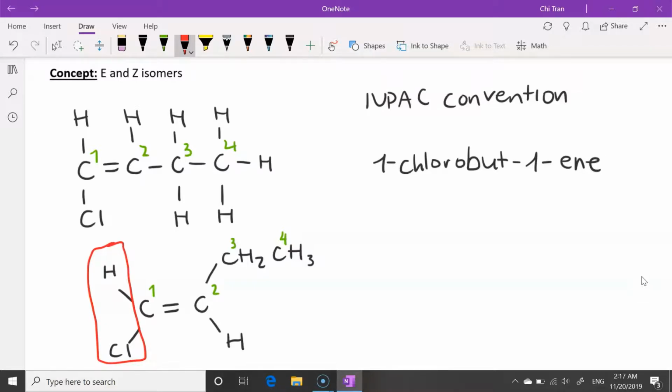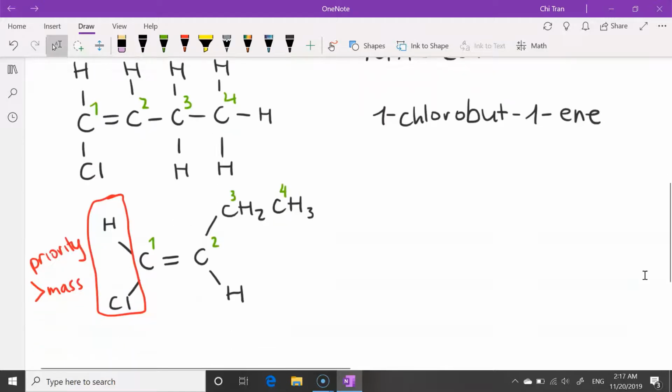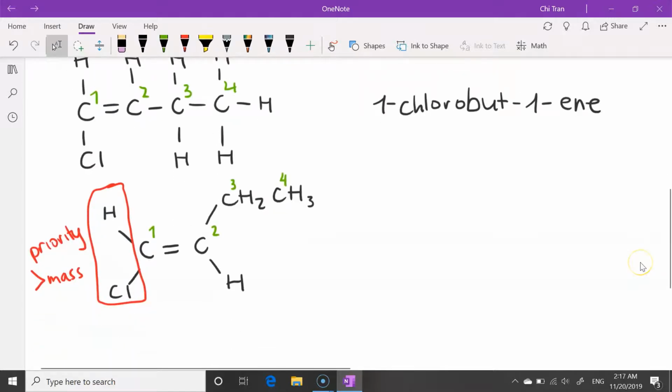And we compare them according to their priority. Whichever atom or substituent group has the greater mass is considered to have the greater priority. So in this example, chlorine has the greater mass compared to hydrogen, therefore chlorine has the higher priority.